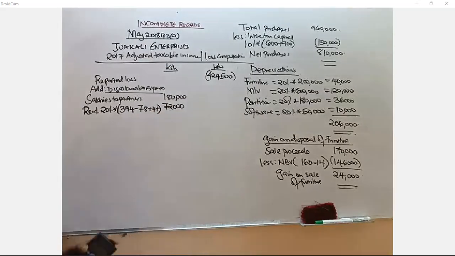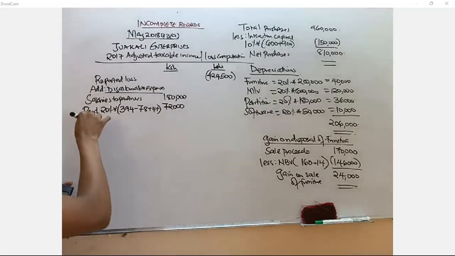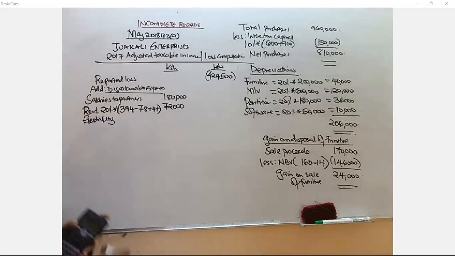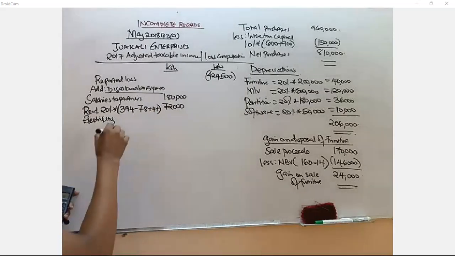Very good. Now, from the rent, we can also check on the electricity, because the electricity information is also related to the partner. When I look at the electricity, we have been told the electricity bills were 30% paid on behalf of Juakali's private residence, a disallowable expense. So it will be 30%, right? 30% of what?